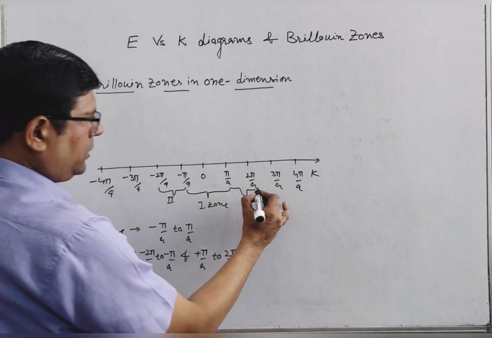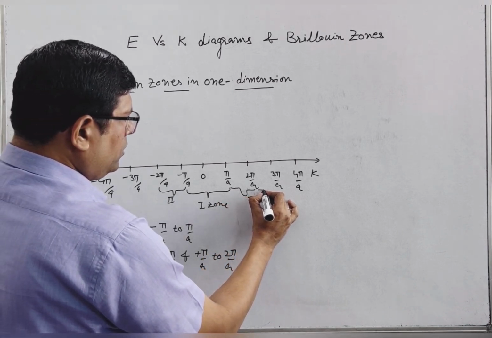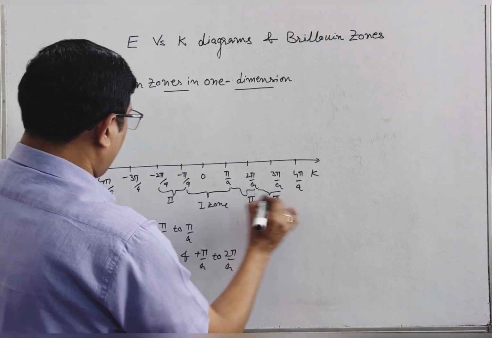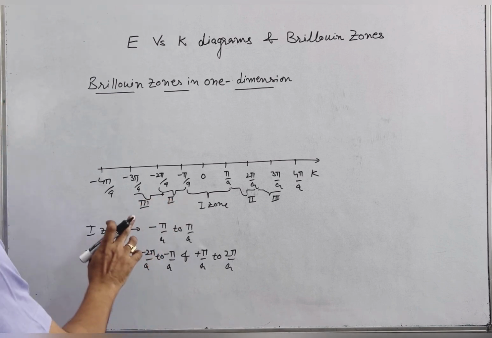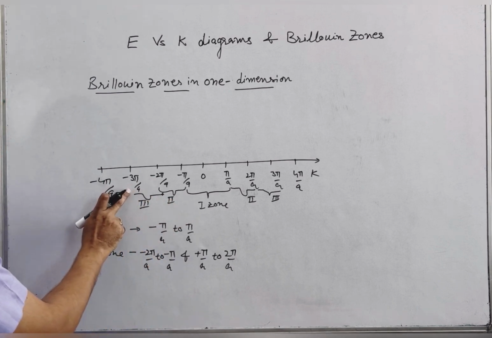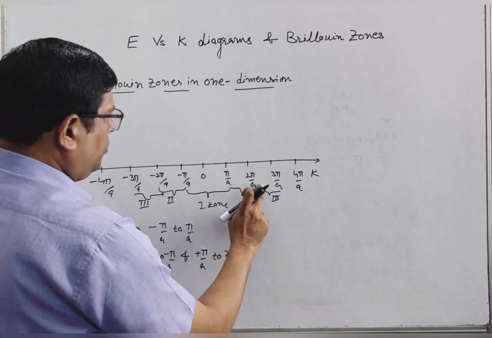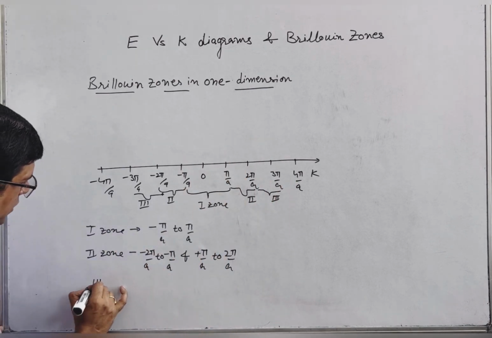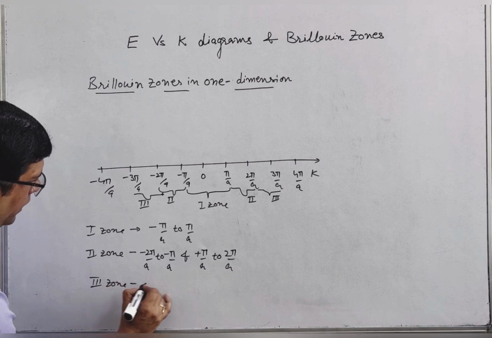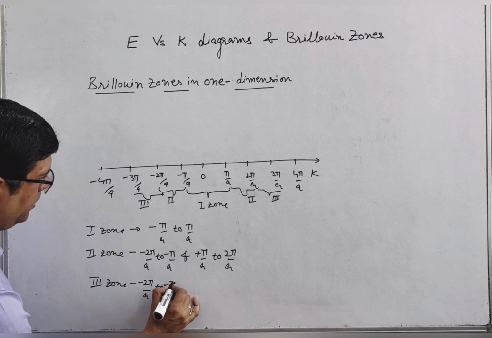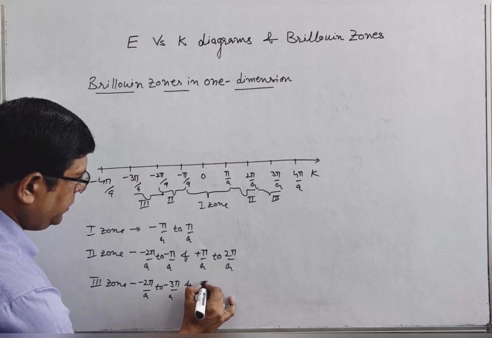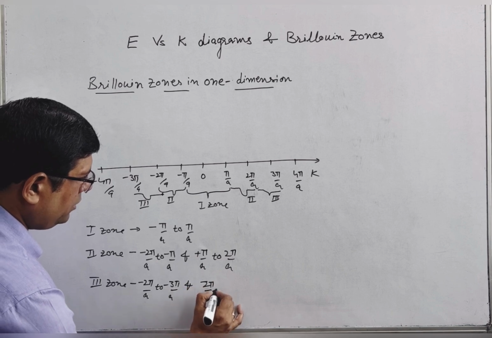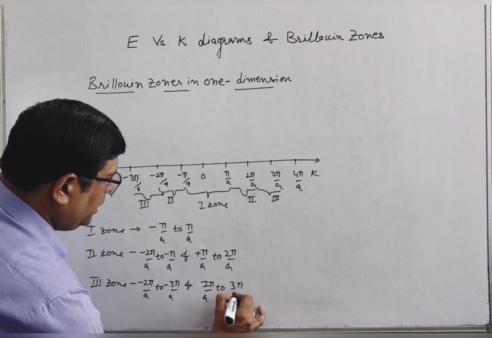Similarly, the third zone lies between minus 2 pi by a to minus 3 pi by a and plus 2 pi by a to plus 3 pi by a.